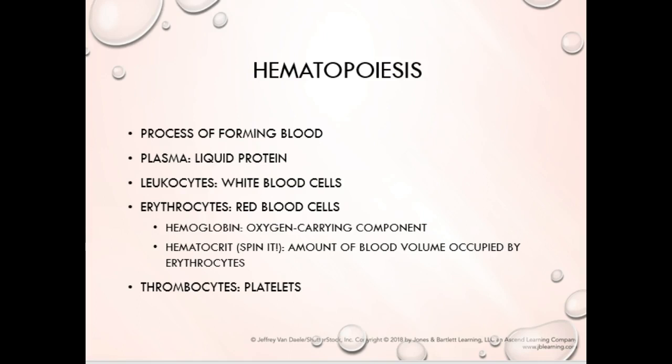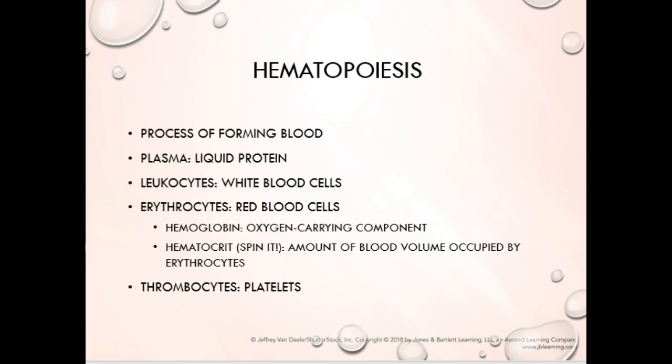So the process of forming blood, I want you to remember that blood is like a solution. And in a solution, we'll have a solvent. And the solvent for blood is going to be plasma, and the majority of the plasma is water. And then the solutes will be the red blood cells, the white blood cells, platelets, macronutrients, micronutrients, hormones.